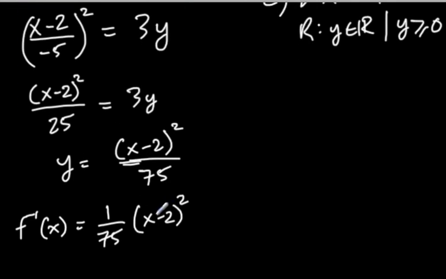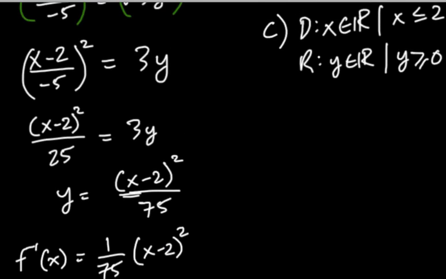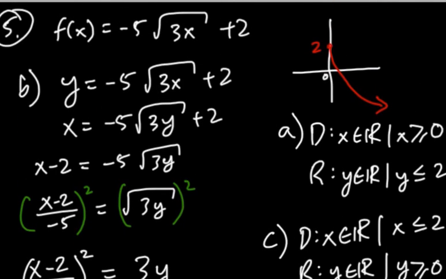This is our inverse function. It's moved to the right by 2, and this is our stretch factor. We have a vertical stretch of 1 over 75. So it's moved to the right by 2, and there's no shift upwards. So basically it will be like this.